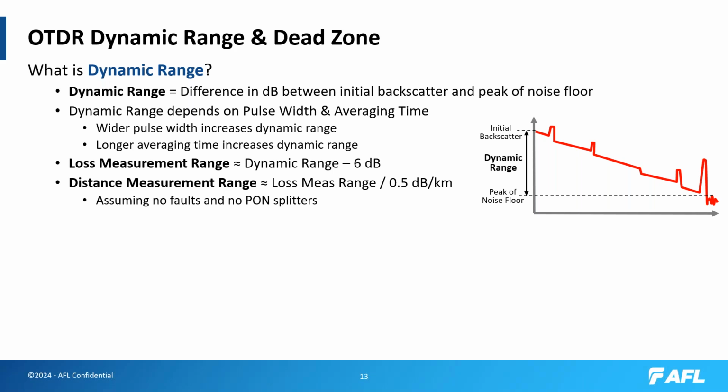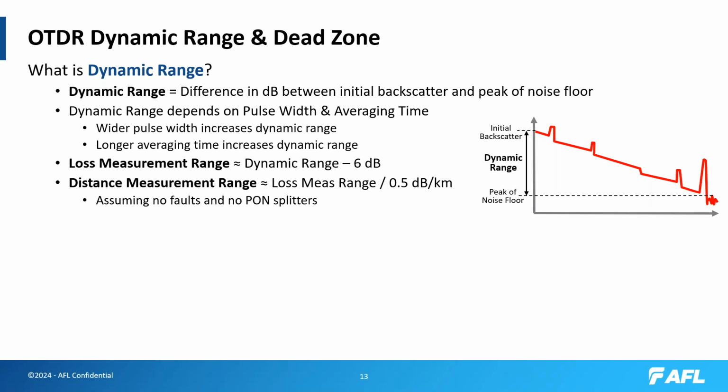A typical way to think of it is to take the dynamic range and subtract 6 dB from it, and that will give you your loss measurement range. It means that at a loss measurement range that's 6 dB less than the dynamic range, I can reliably detect an end. I should be able to measure a ½ dB loss event at that point.